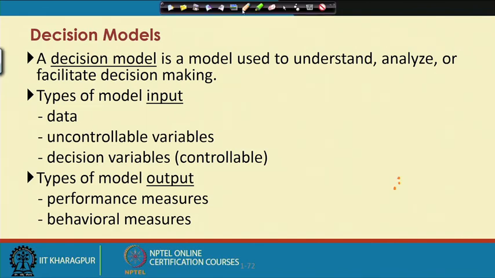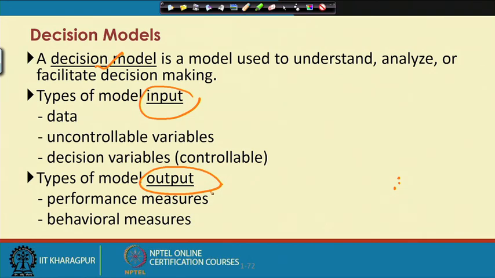So, here we are in a discussion about the decision model. There are two items in the decision models, one is called inputs, another is called output, right. Usually it is the game between input and output.